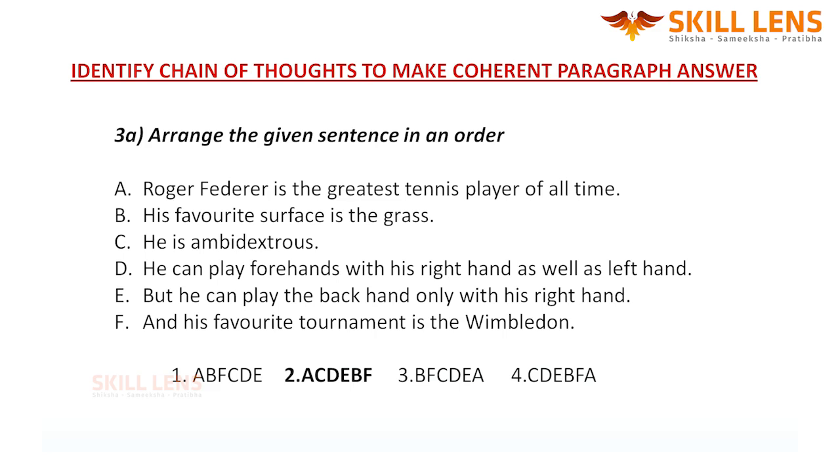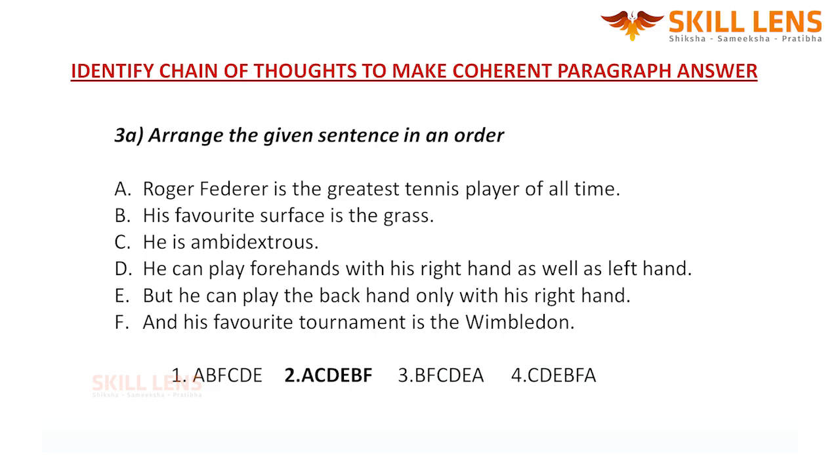Dexterity is the way you can use your hands. You can refer to our videos on vocabulary building for more information on such words. Sentence D is giving us an explanation of what he can do, how well he can play with both his hands.